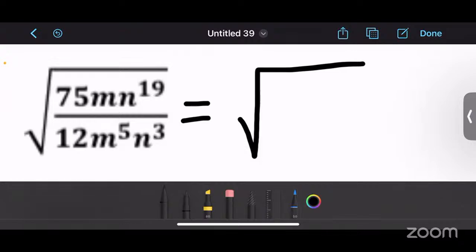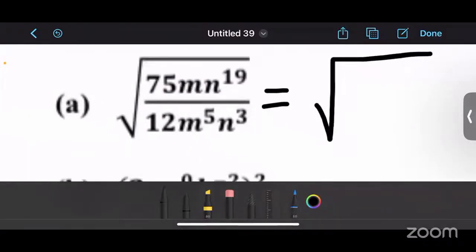Or did you check for a common factor for 75 and 12? What is the highest common factor of 75 and 12?